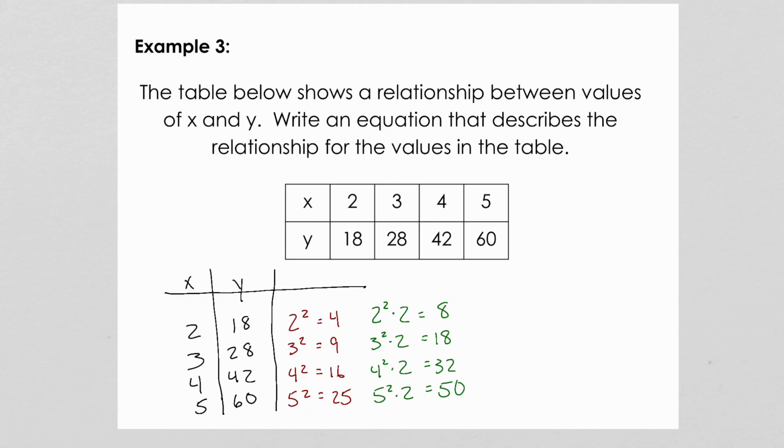So what if we made our function f of x equals 2 times x squared, because that's what we did here each time, 2 times x squared, and then I added 10. So if we did that, what would be our first term? If we put 1 in for x, f of 1 equals 2 times 1 squared plus 10, or 12. So we would know our first term would be 12.